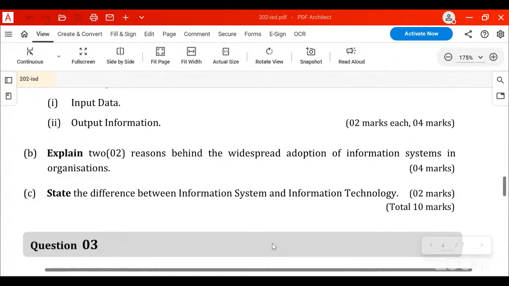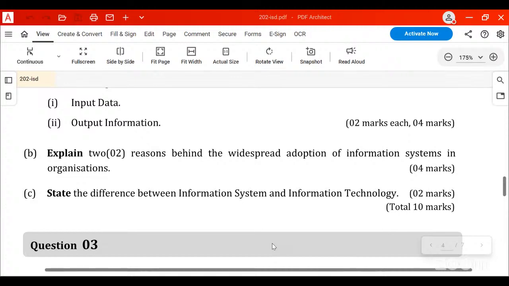That minimizes the human involvement, and on one hand, that is more accurate than human involvement. The second reason we can say is better decision making. Access to real-time data enables informed and faster decision making, right? That is also included. 2 into 2, 4 marks.